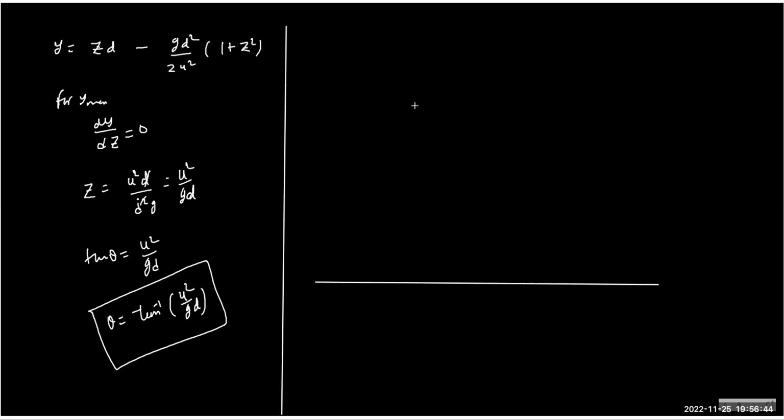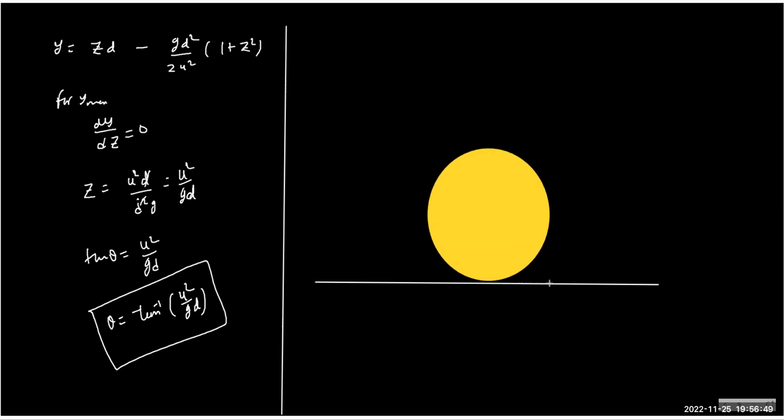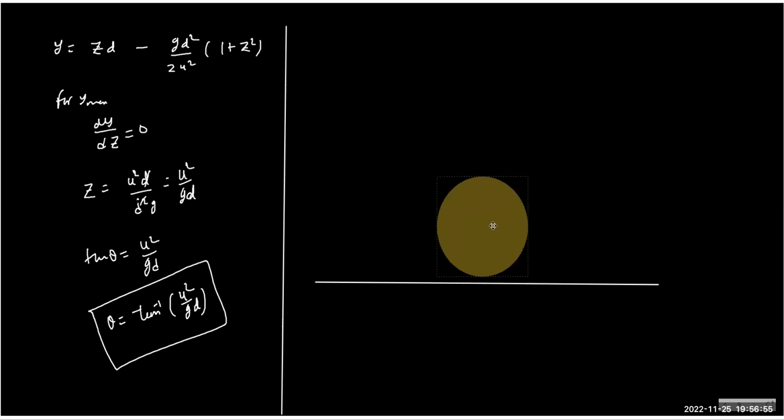There is a cylinder which is kept on the ground, and this is the fixed cylinder. The only thing known to us is the radius.